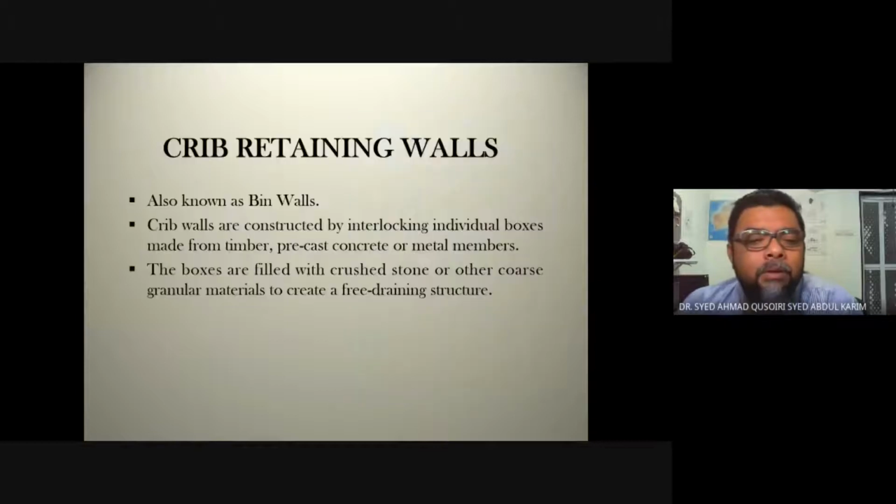Okay, known as bin walls. They are constructed by interlocking individual boxes made from timber, precast concrete, or metal members.